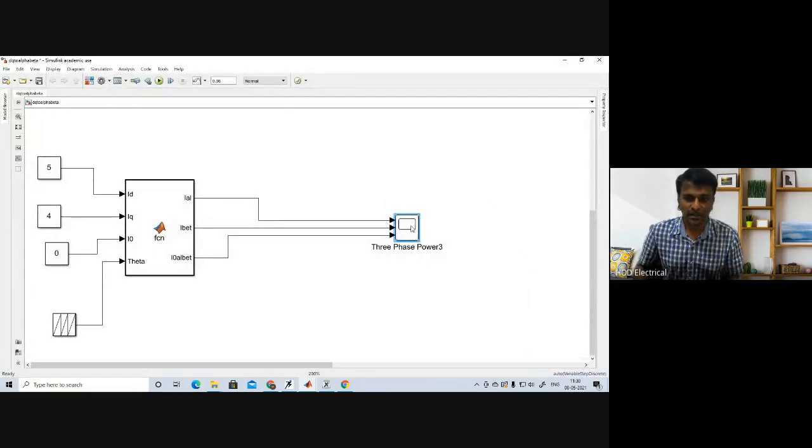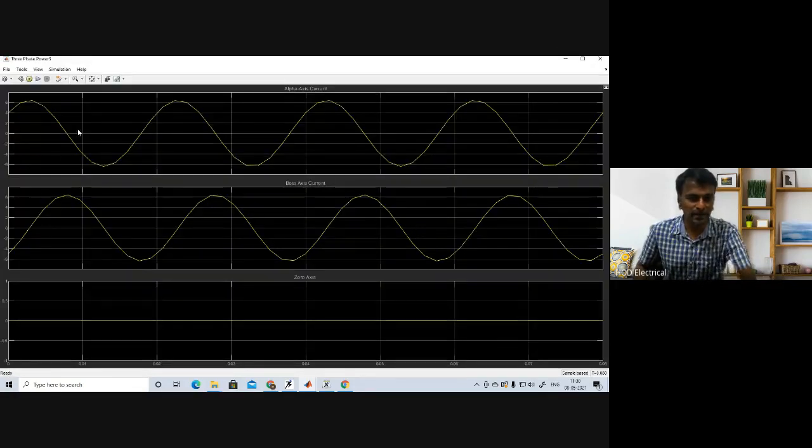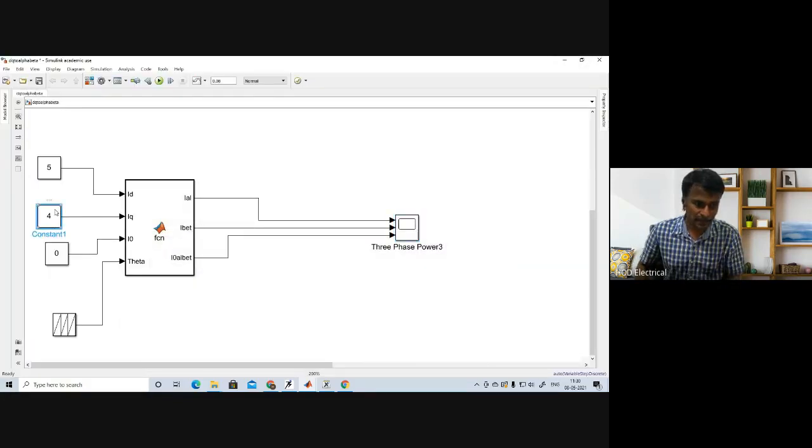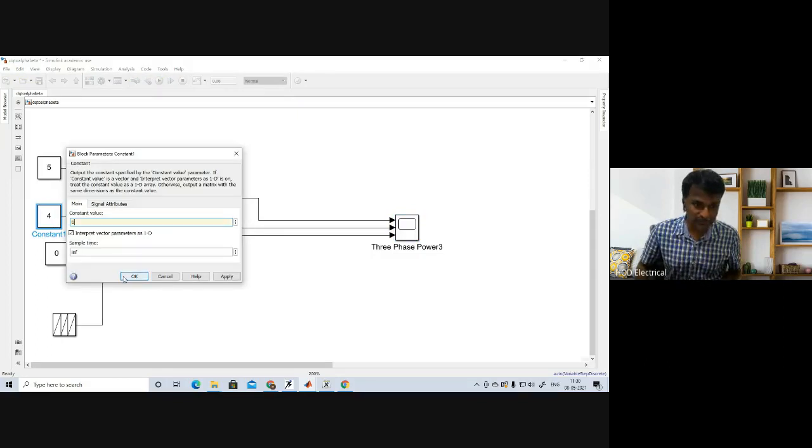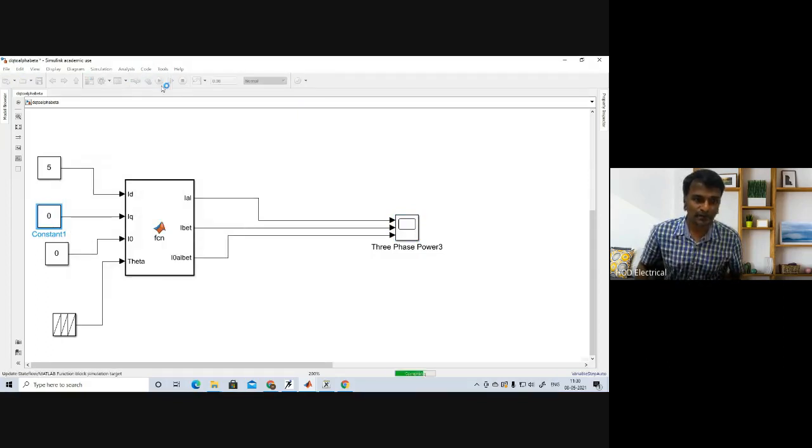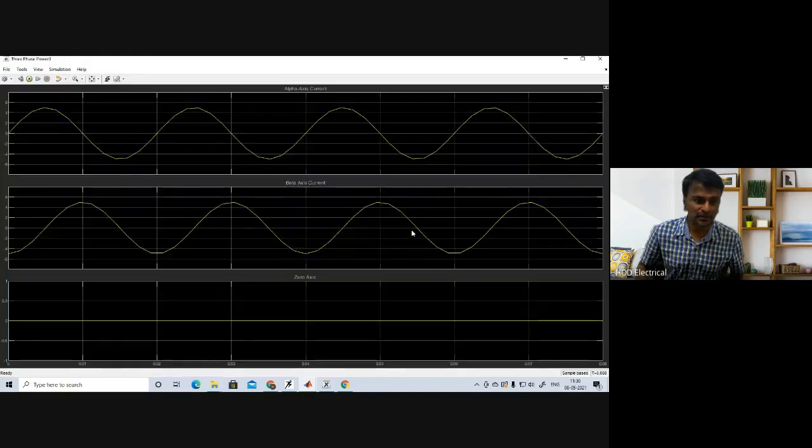If you see here, if the constant is 0, alpha will start from 0, and beta will start at negative maximum and go down.